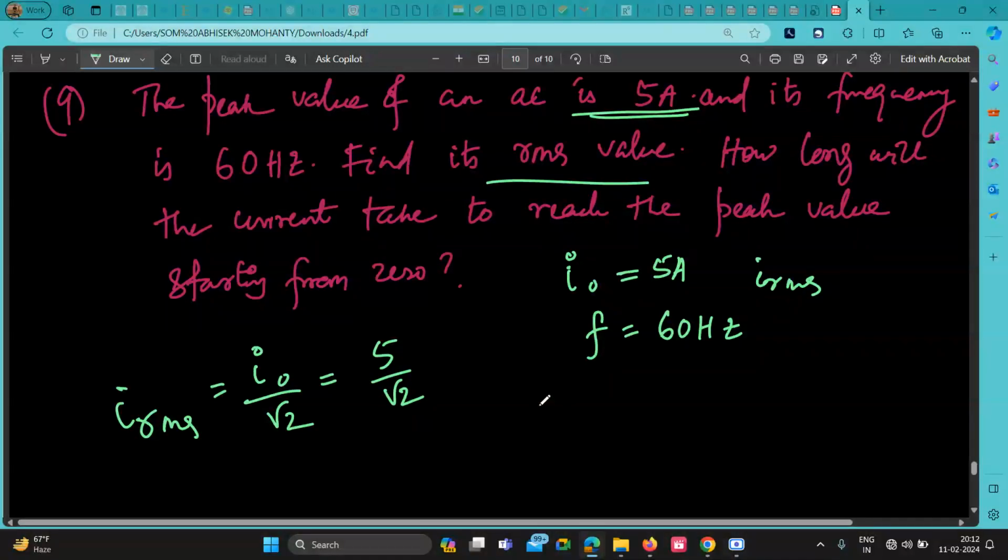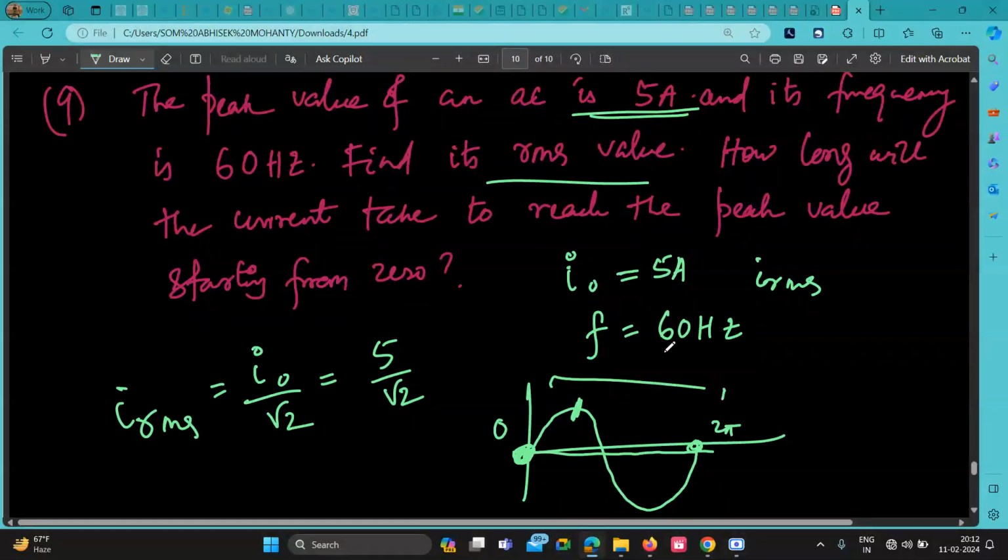Think that one a bit. To reach the peak value, how long will it take starting from zero? This is a current. Where is the peak value? This one is the peak value. The total time it takes to reach from zero to this is 2 pi, total time is T. This is half, this is pi.